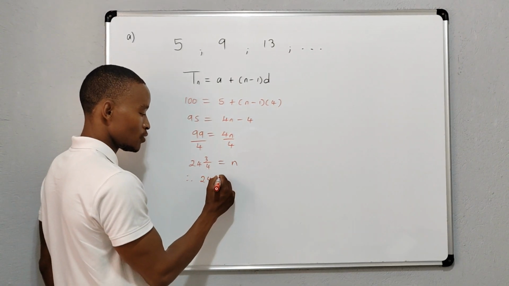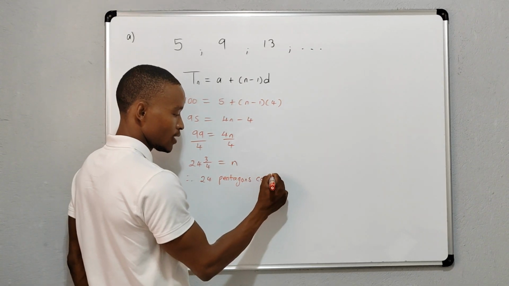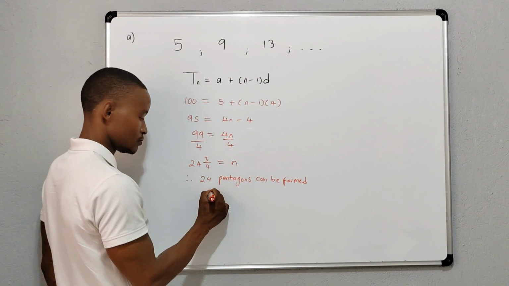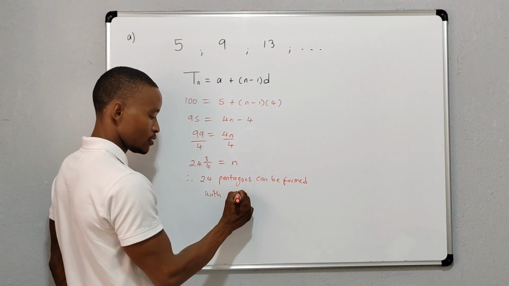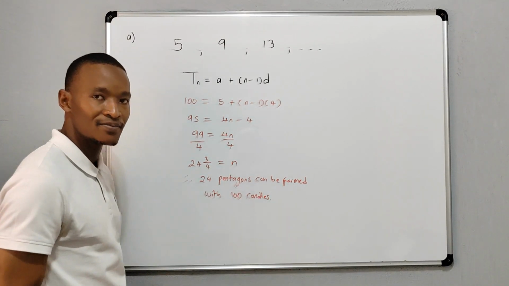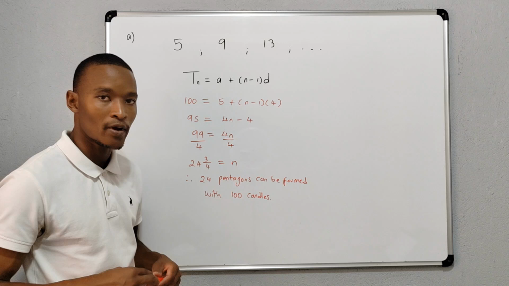Therefore, 24 pentagons can be formed with 100 candles available. Okay, so this takes care of question 4a.